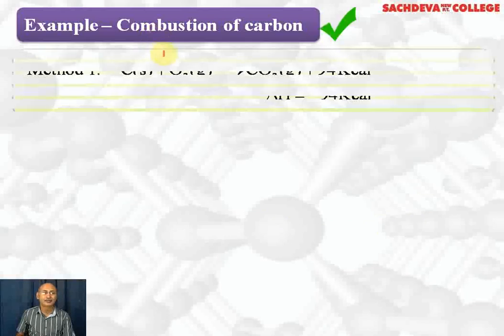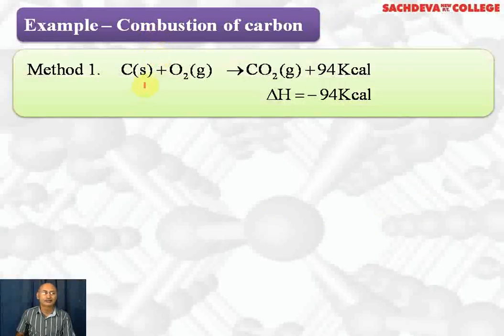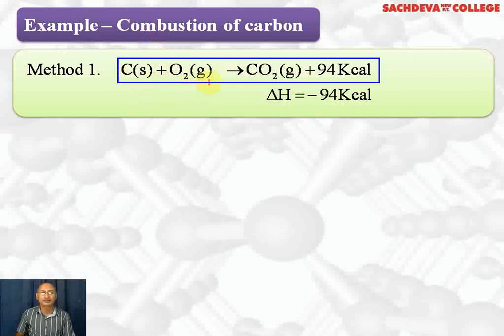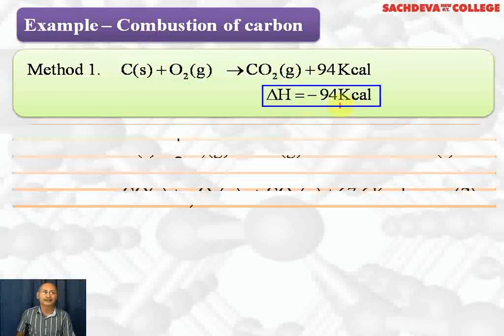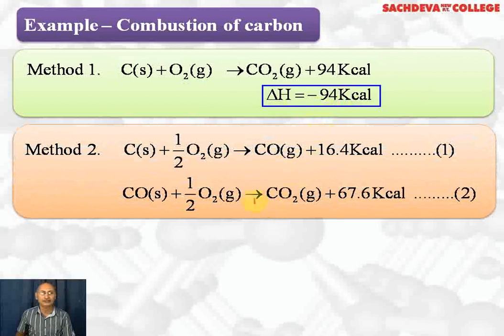Next, we are taking combustion of carbon. When carbon solid burns in presence of oxygen, it forms carbon dioxide, so 94 kilocalories of energy is evolved. Delta H is negative in an exothermic process, so this is an example of an exothermic process. We are giving you an example of Hess's law.